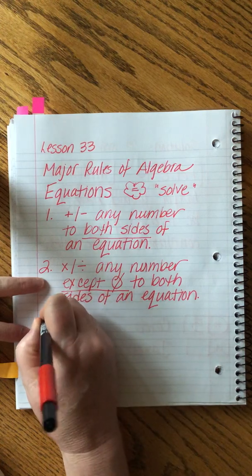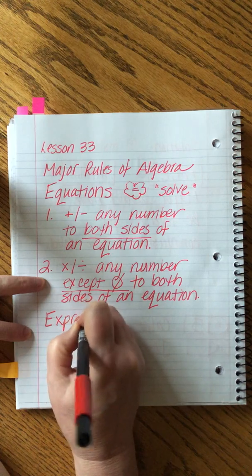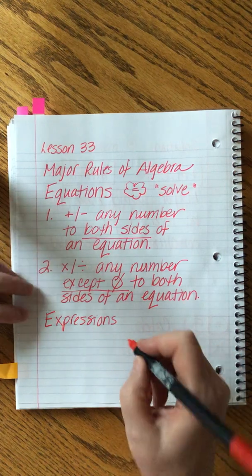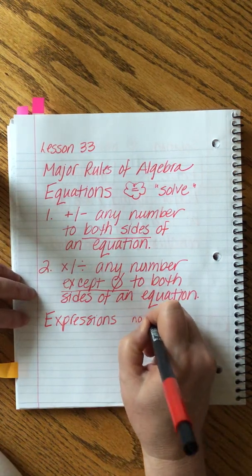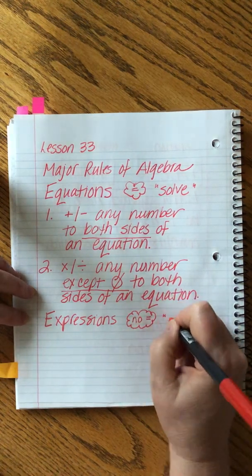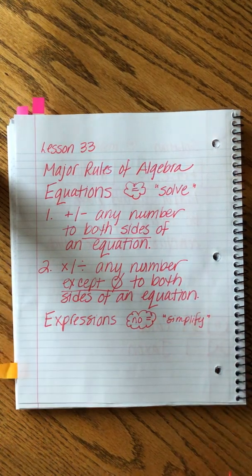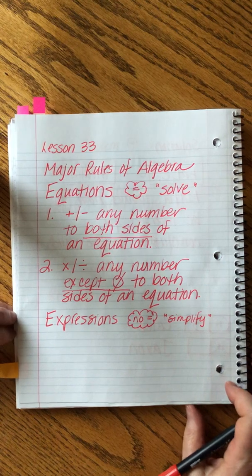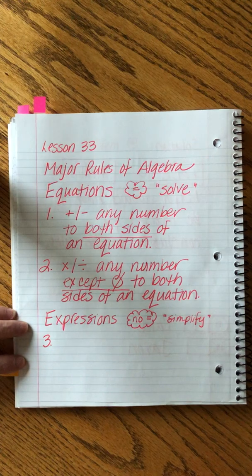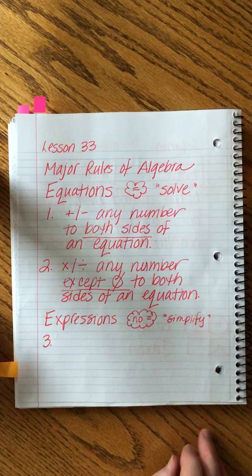The third rule of algebra, it applies to expressions. Expressions are kind of the opposite of equations, right? In an expression, there is no equal sign. And we're told to simplify. That's another way you can always tell you have an expression, is by the instruction in the homework. This third rule is the one we're going to use a whole bunch today. It's called the Denominator, Numerator, same quantity rule.